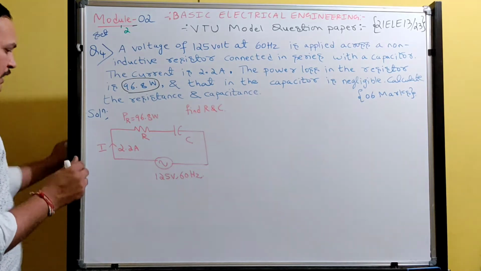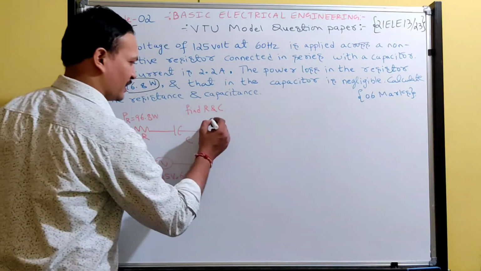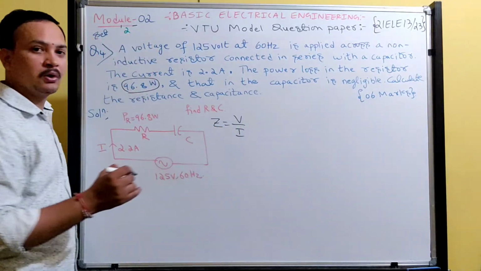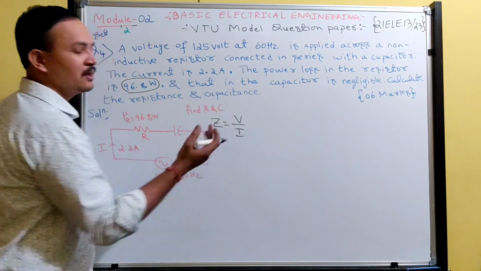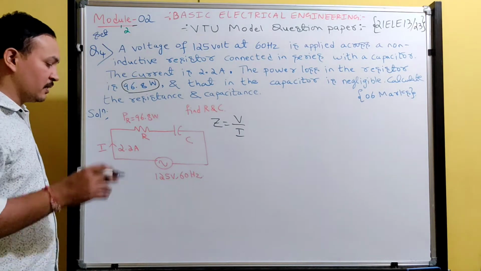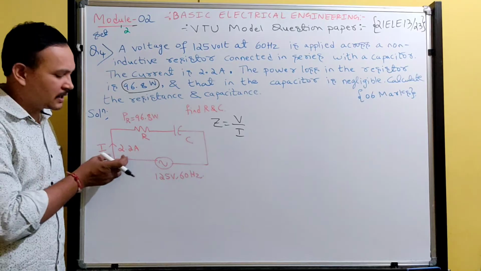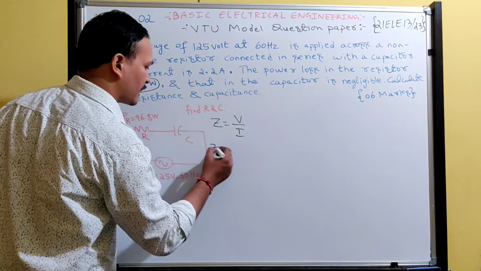So let me find impedance. Always start with impedance. The impedance formula for an AC circuit is Z equals V by I. If it is 3 phase, you write Z_ph equals V_ph by I_ph. They have given the RMS values of voltage and total current.